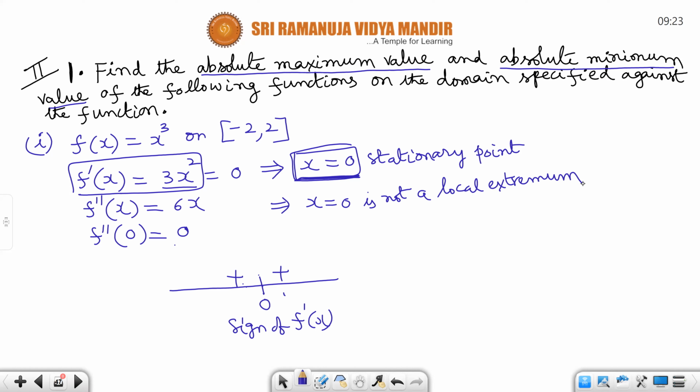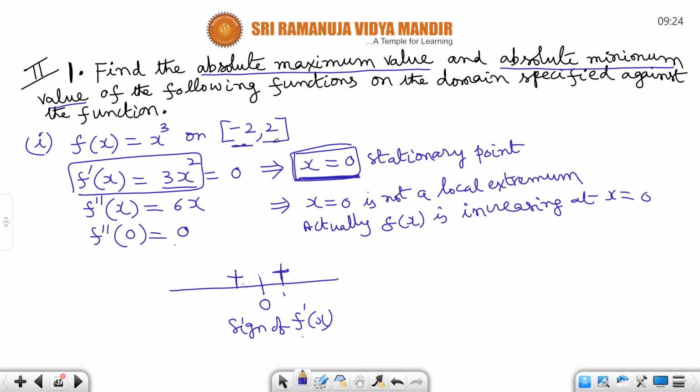So actually the function is increasing at x equal to 0, because f dash x is positive before and after. So the only point where the derivative is 0 is not a local extremum. Now, what else do we have to find? The values of the function at the endpoints of the interval.